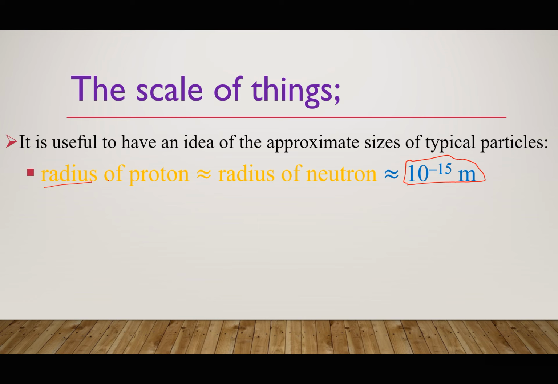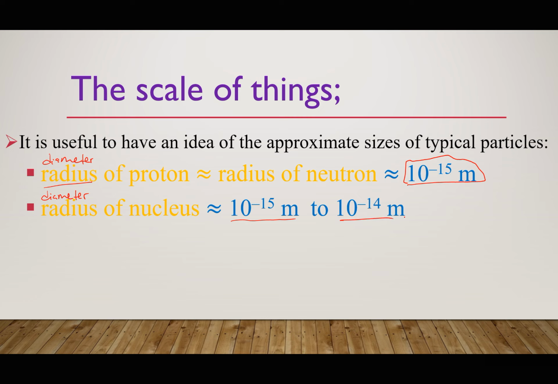So I could still say diameter or radius. Then the radius of a nucleus: a nucleus is relatively bigger, and the simplest nucleus could be that of hydrogen. So the radius or diameter of a nucleus is approximately 10 to the power of minus 15, to 10 to the power of minus 14, in that range.